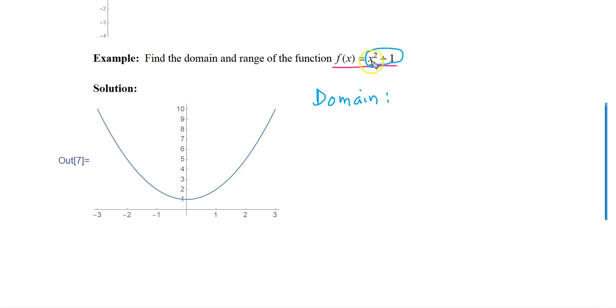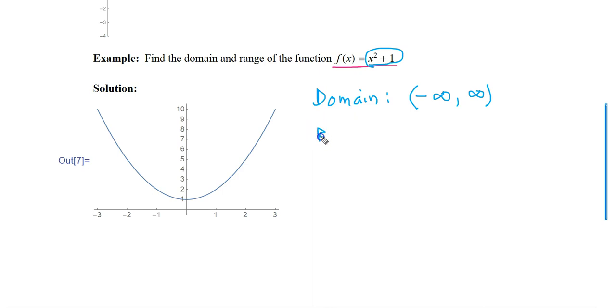No matter what number we plug in here for x, we can multiply it by itself and then add 1 to it. We wouldn't be taking the square root of a negative number, or dividing by 0. There's no problem putting any number in here we want for x, and so our domain is going to be all real numbers, which we can write like this. Just the open interval from negative infinity all the way up to positive infinity.